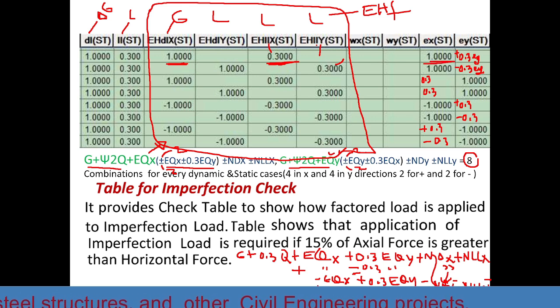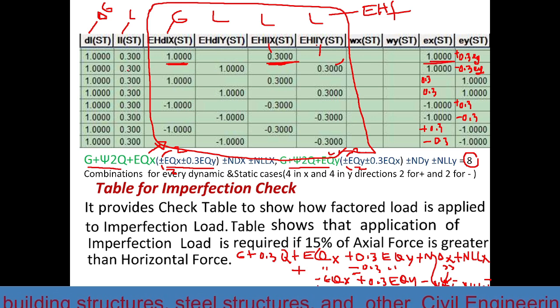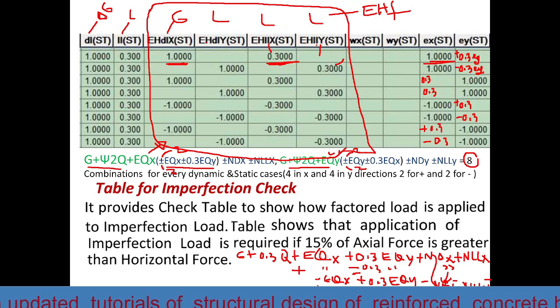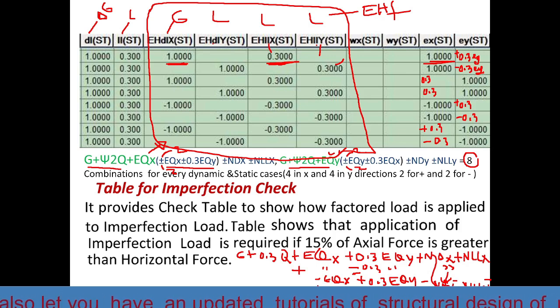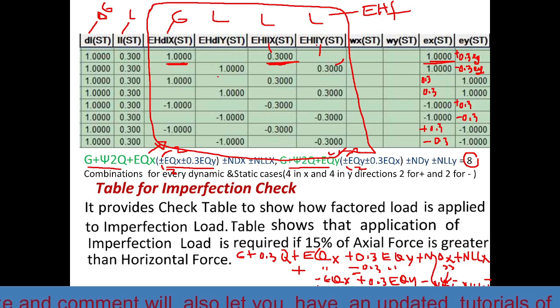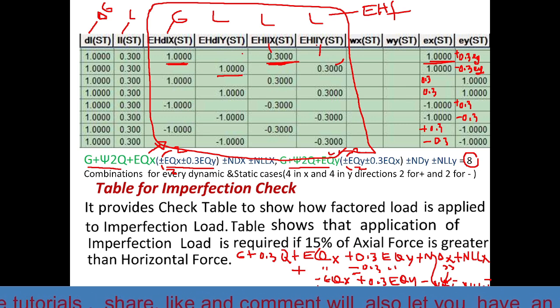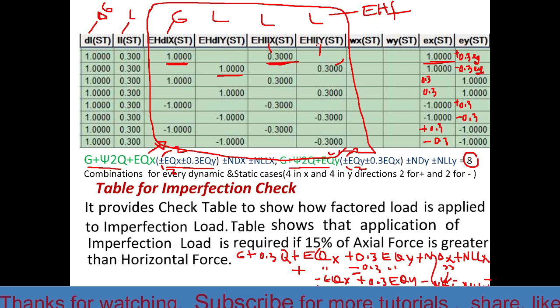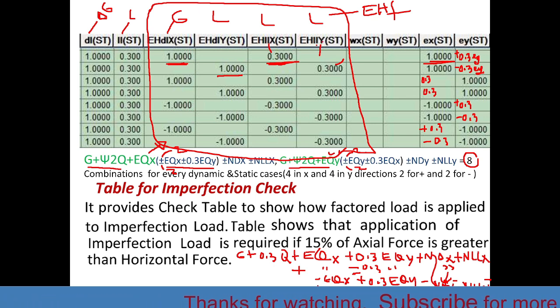And also here AX. And when we come to the live load, the notional load with reference to the dead load in y direction must be combined with the notional load with reference to the live load in y direction. So similar directions must be combined.